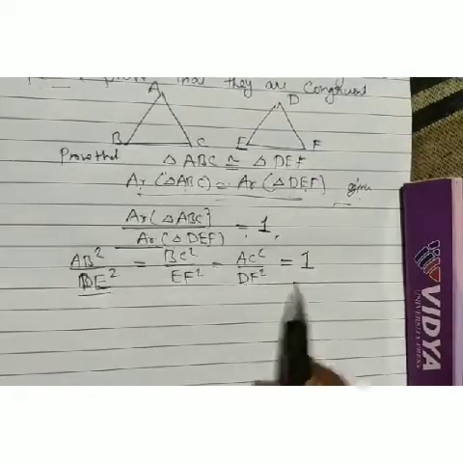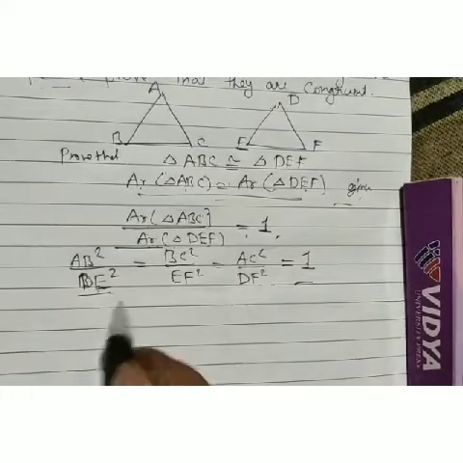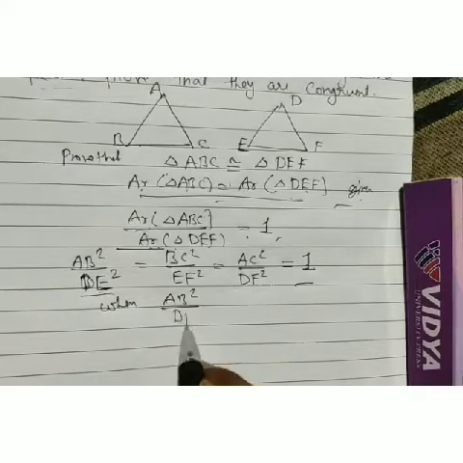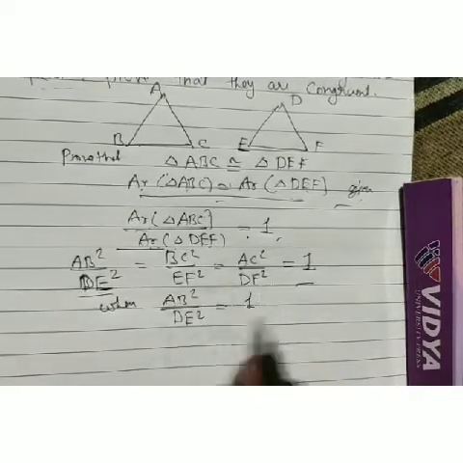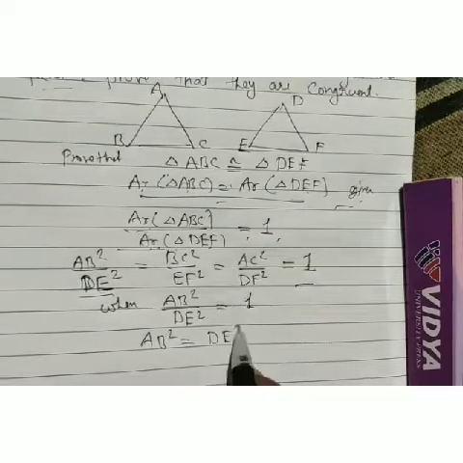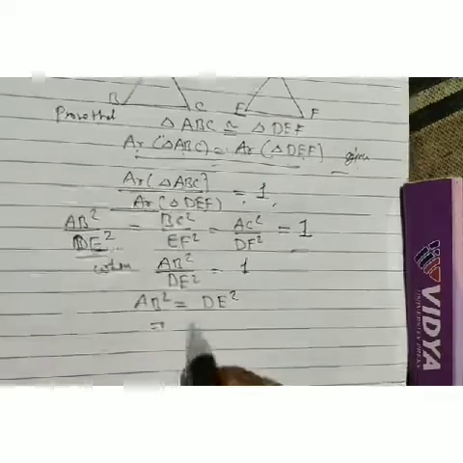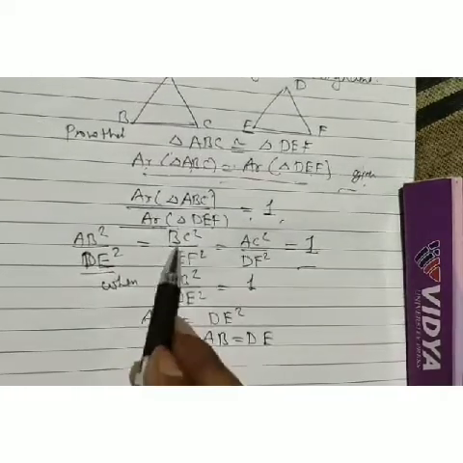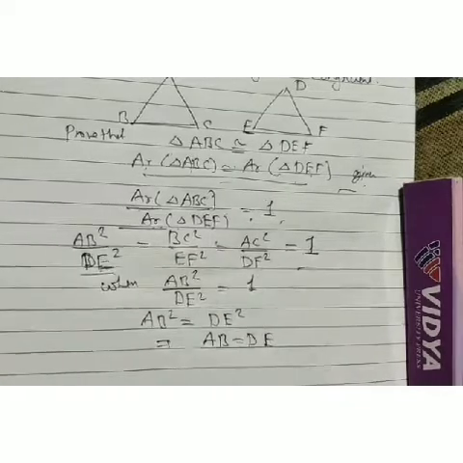Now when AB square over DE square equal to 1, then AB square equal to DE square, which implies AB equal to DE. Similarly, we can show that BC is equal to EF and AC equal to DF.